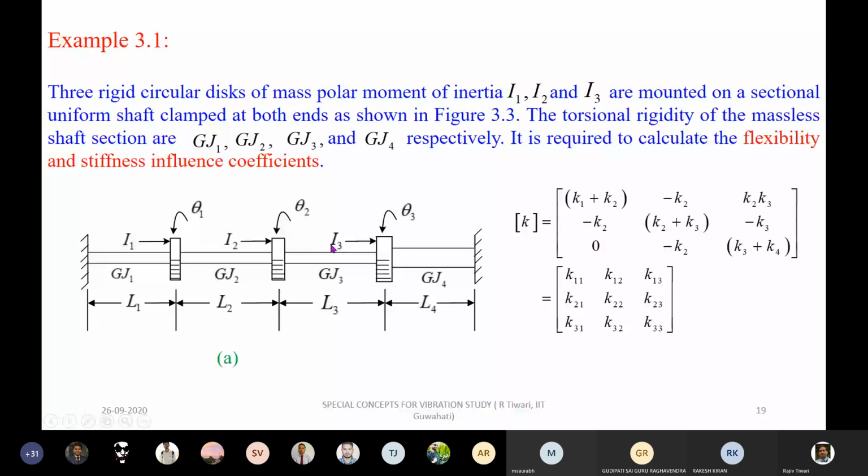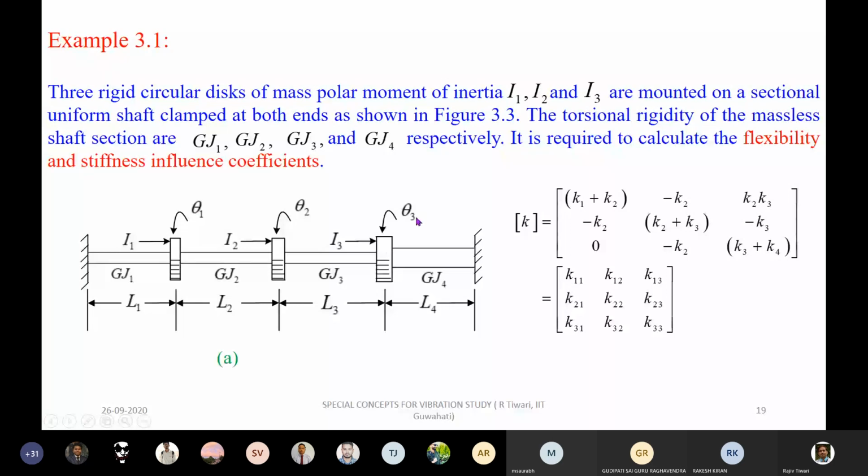The shaft has flexibility in torsion. So discs 1, 2, 3 undergo torsional vibration, that means they twist about their own polar axis: θ1 for disc 1, θ2 for disc 2, θ3 for disc 3.